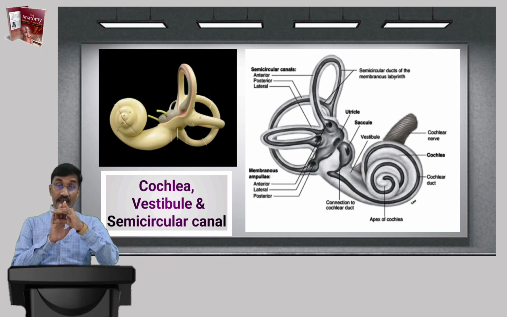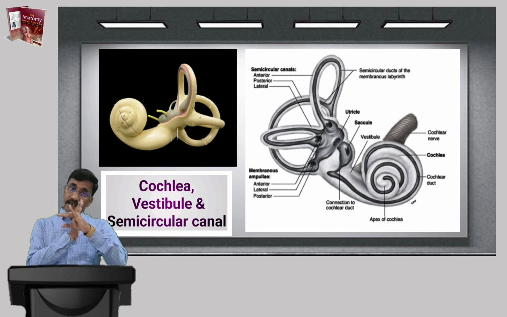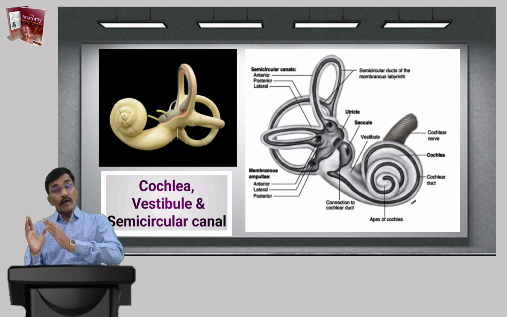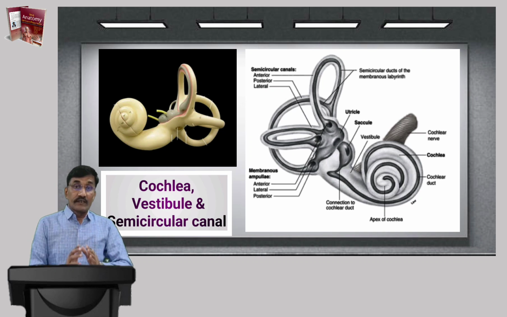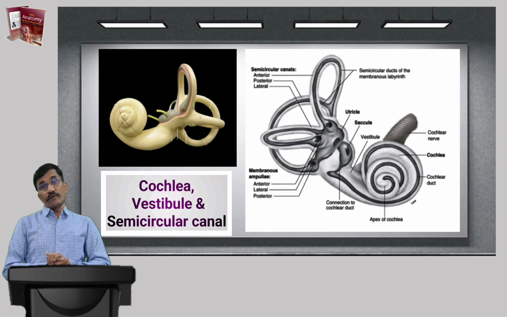Now the next one is the vestibule. It is a centrally placed part having communication with the cochlea and the semicircular canal, and this vestibule is the actual part of the inner ear which communicates with the middle ear, at the point of the oval window.